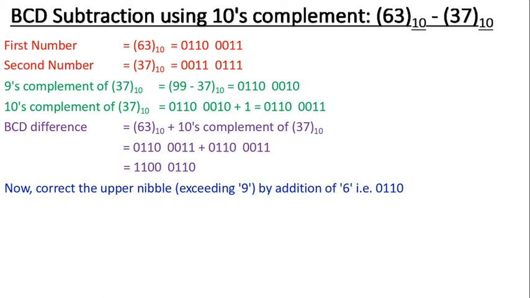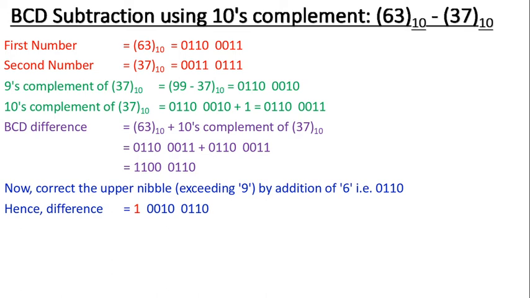It means you carry out the addition of this upper nibble 1100 with the correction factor 0110, while the lower nibble is simply taken as it is. I have carried out this function, and the difference obtained, with the carry 1 shown in red color, is 0010 0110.